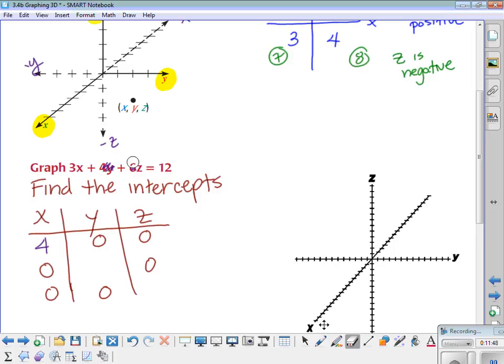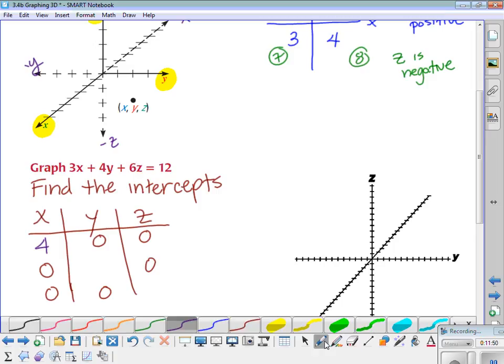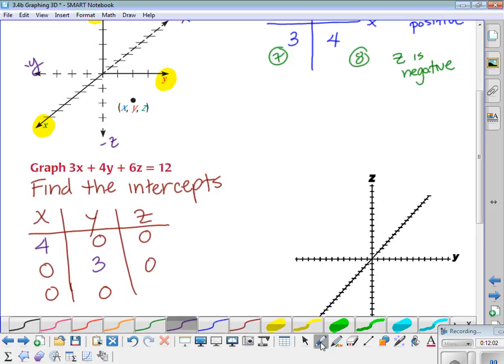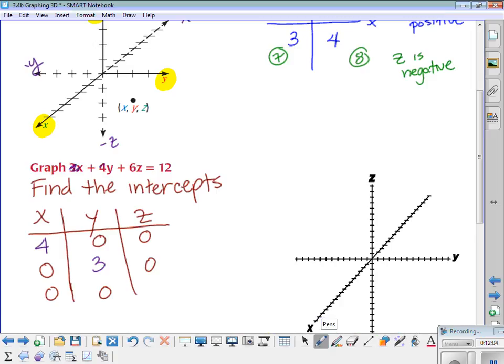Okay? Then I plug in a 0 for x and z. And so what does y have to be? A positive 3. And then finally, I will plug in 0 for x and y. 6z equals 12, so z is equal to 2.